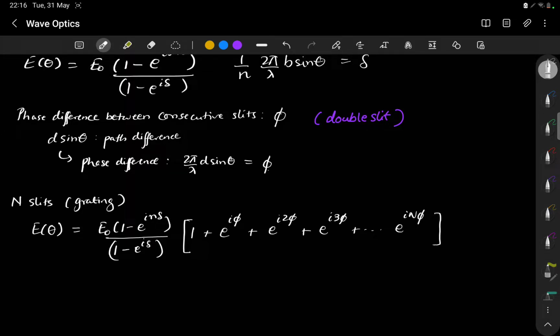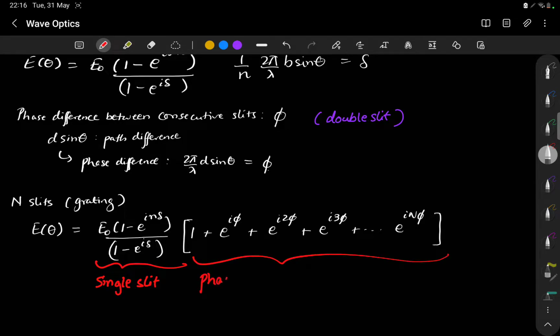So let me just explain what these terms over here mean. So this is due to single slit part, and this comes from phase difference between the slits.